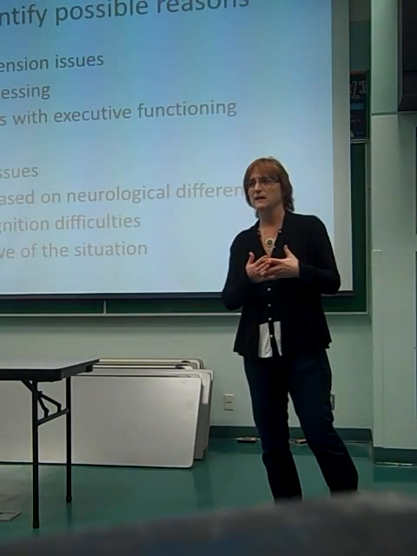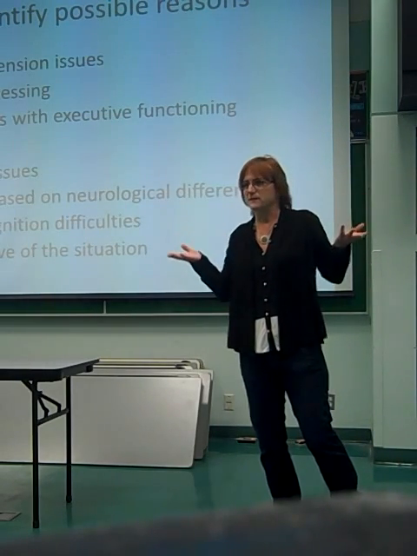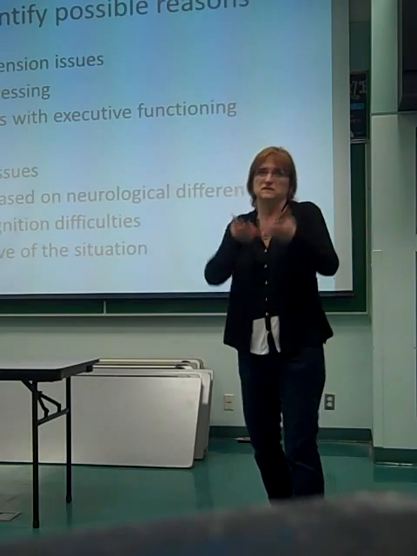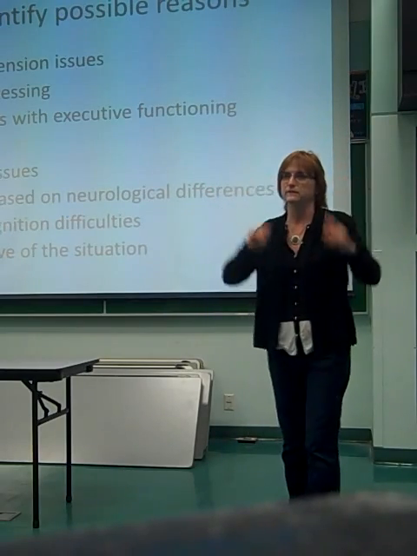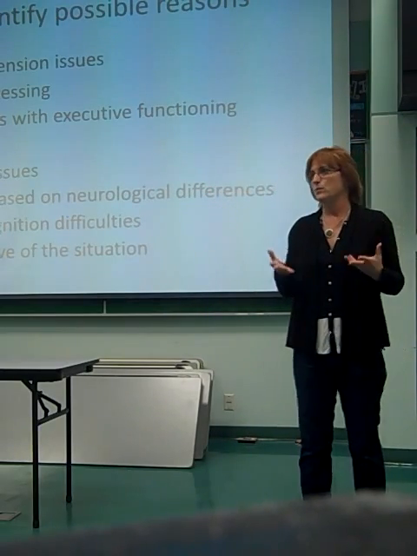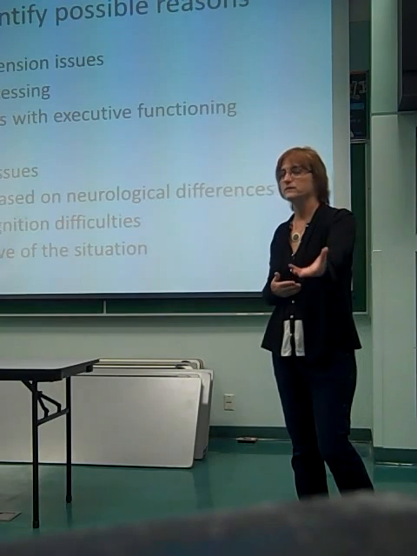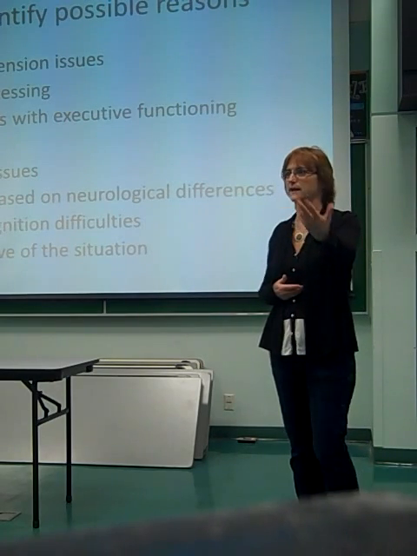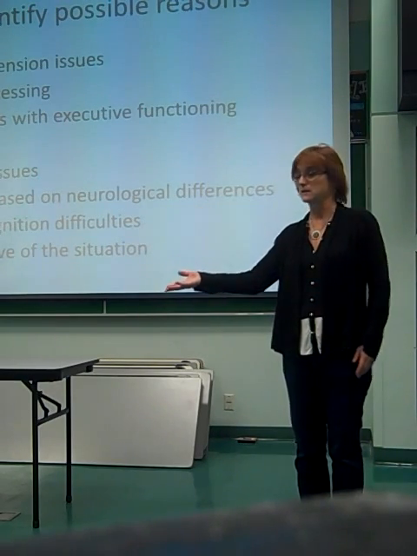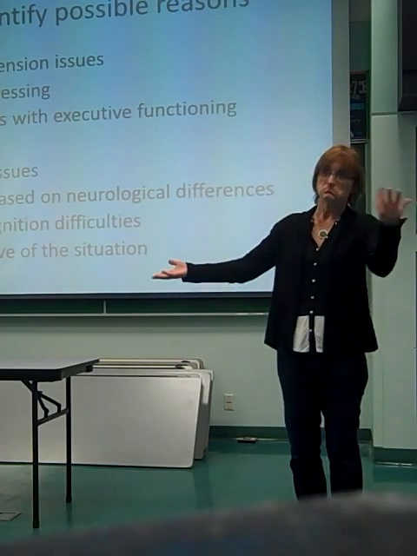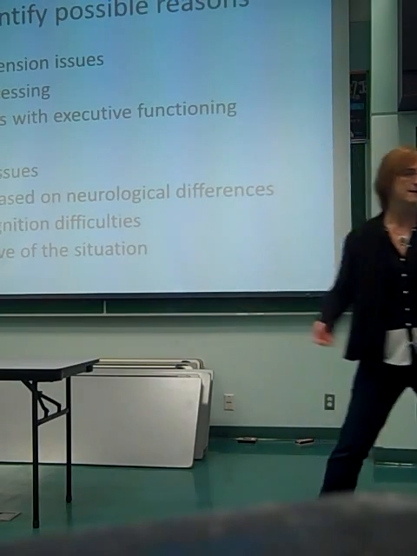It's not our job to diagnose them. The diagnosis is a medical thing. The doctors of the medical field do that, and we just deal with what we see. If the visual supports are effective for an ASD kid, and you try them on this kid who has some of those characteristics and they work, good. It doesn't really matter.